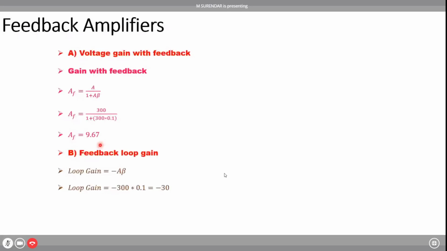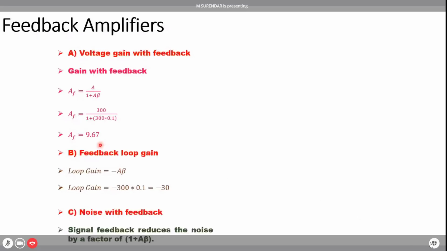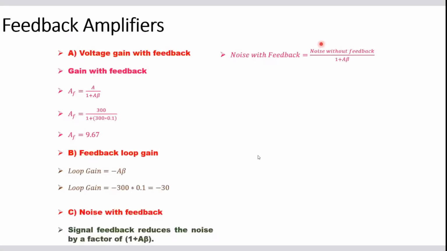Noise with feedback, that means distortion, is 4%. Your distortion will be reduced by a factor of 1 by 1 plus A beta. So my noise without feedback is 4%, and I am substituting the 4% in the place of noise without feedback.